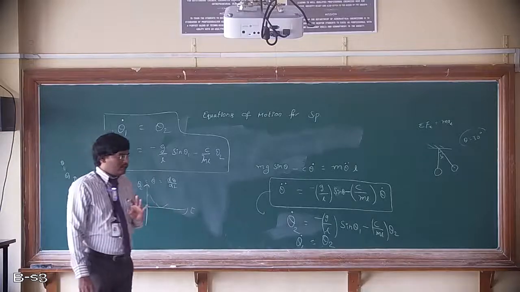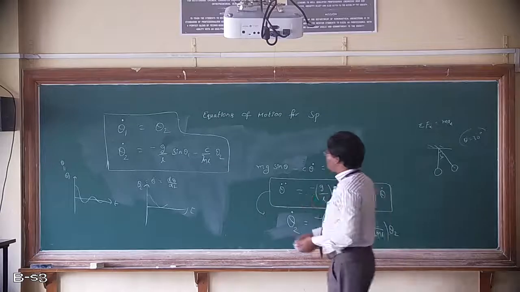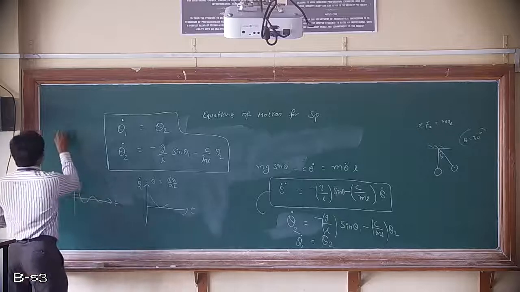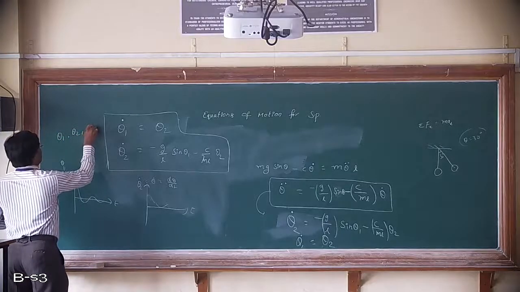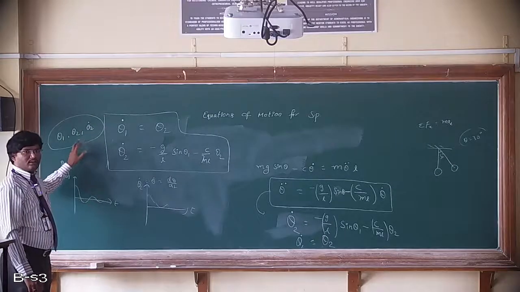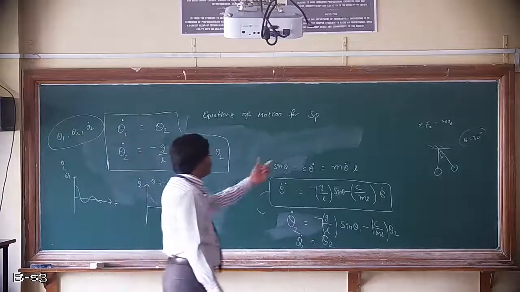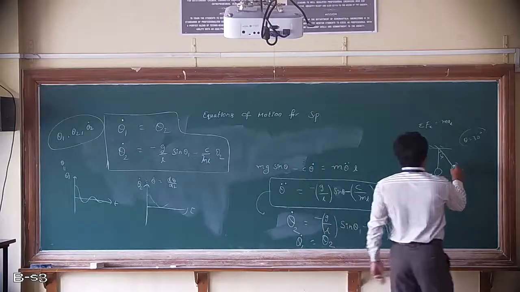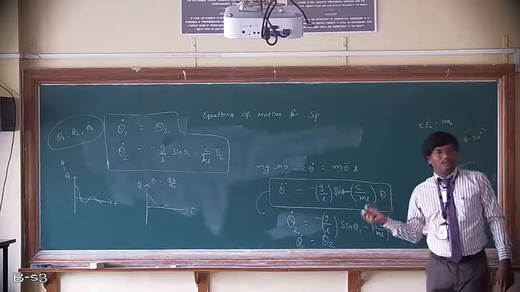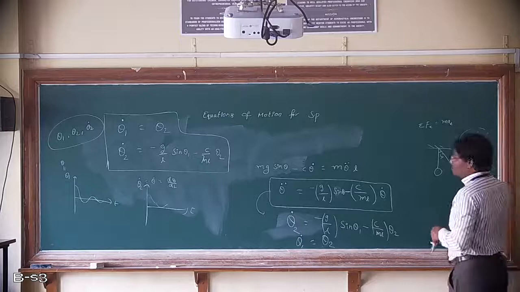If you want more accuracy, you can find one more variable, that is theta 2 dot also. Theta 1, theta 2, theta 2 dot: if you know these three parameters, that is nothing but the position, velocity and acceleration of the pendulum. So it will give a more exact representation of the system, right?